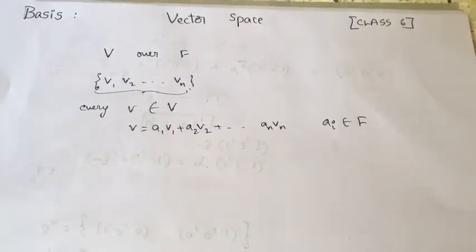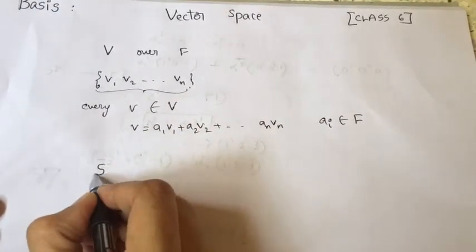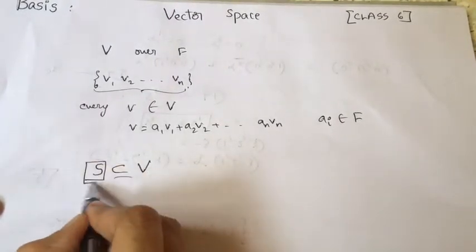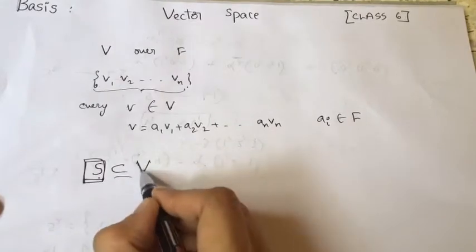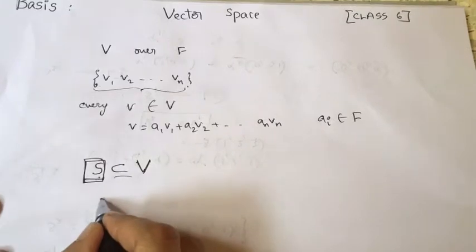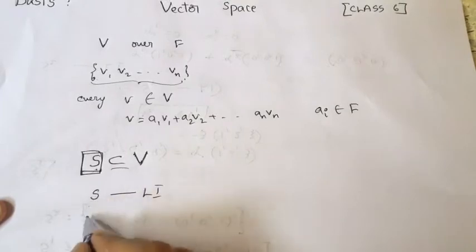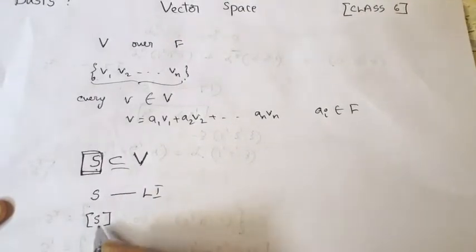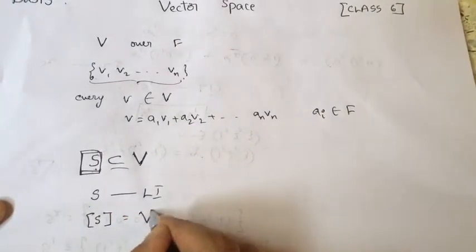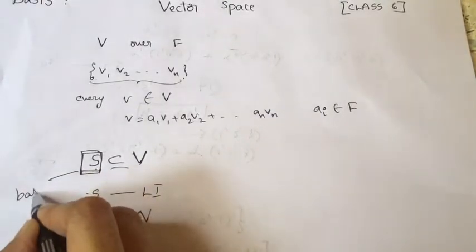In general, if I have a set S, a subset of V, I can say this forms a basis for the vector space V if this set S is a linearly independent set and the subspace generated by this S spans the vector space V. Then I can say that S is a basis.